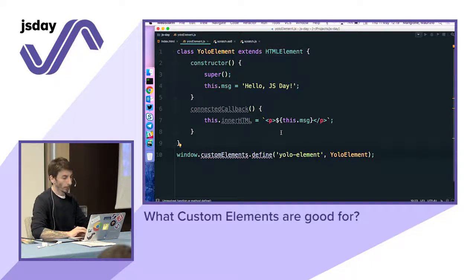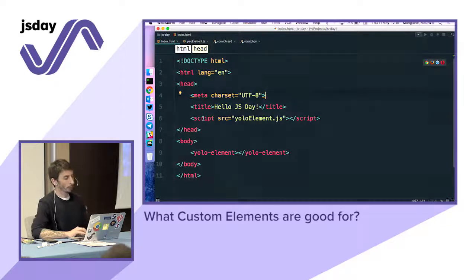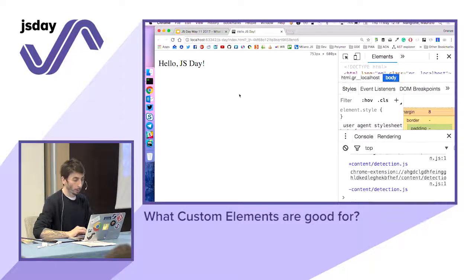This is the basic component, like the code I just showed before, and this is the HTML page, nothing fancy. I import my element, and I just need to use the tag to instantiate the custom element. And this is what I get.